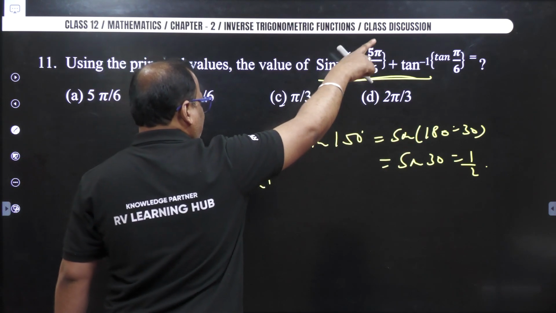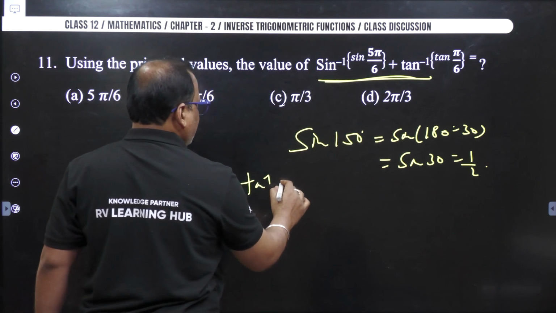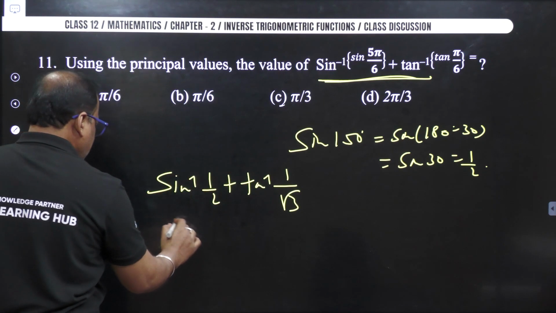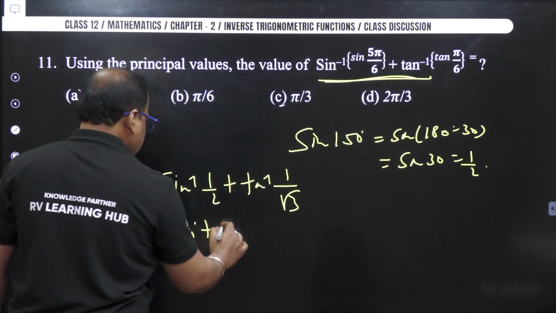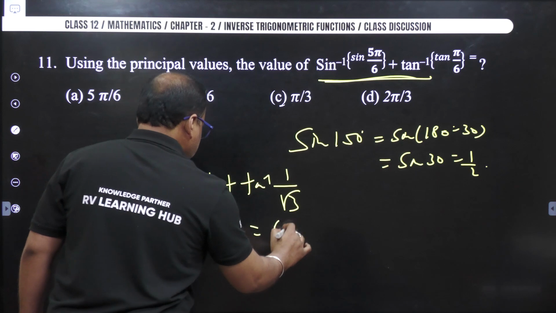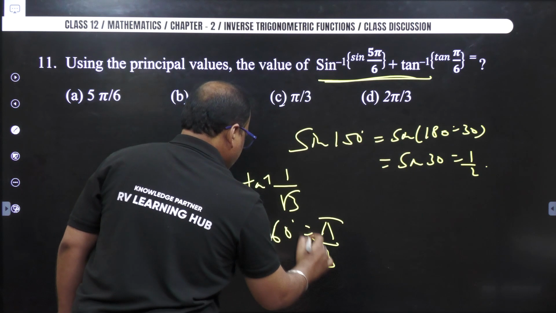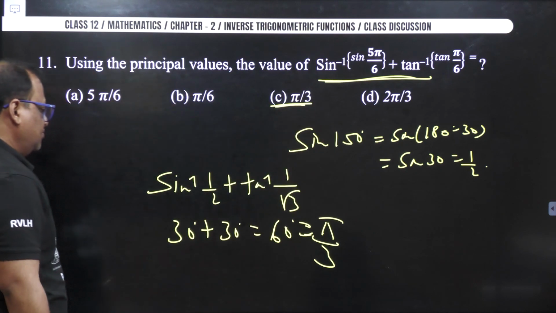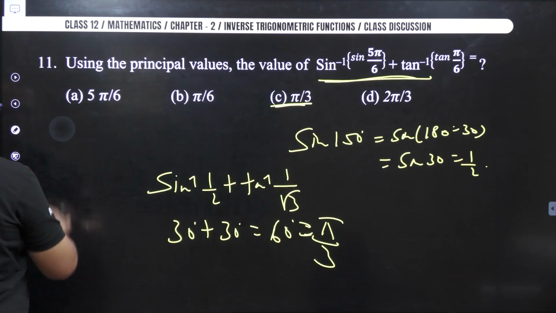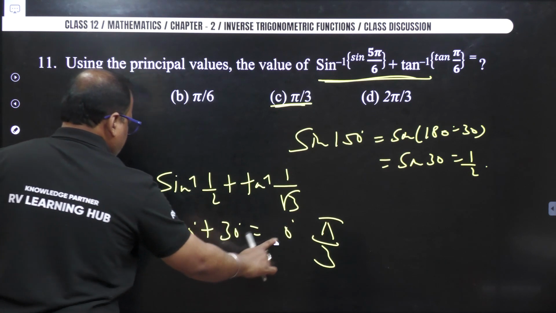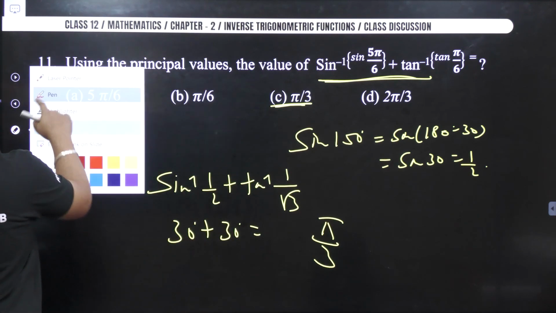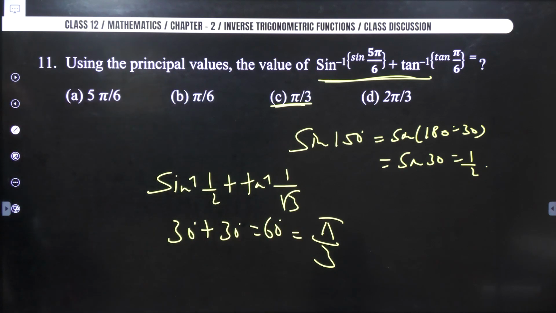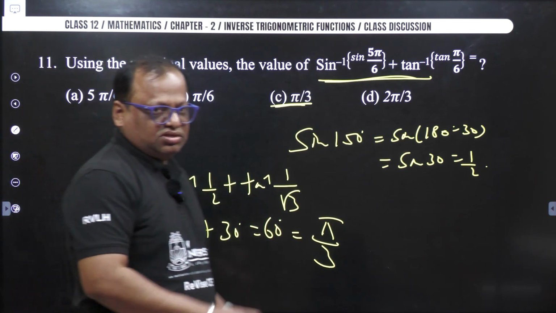So this is 30 degree plus 30 degree, 60 degree. Pi by 3 will be your answer. The answer is pi by 3. Easy, basic question. There is no complication here.